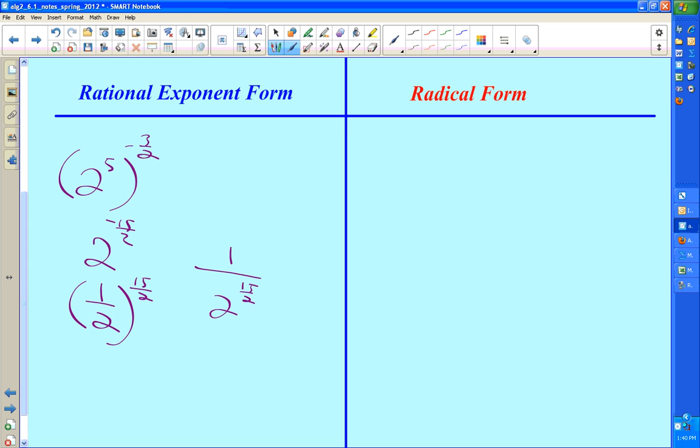So 1/2 to the 15 over 2 power would become the square root of 1/2, all raised to the 15 if you went radical. I'm just going to stop on this one for right now and leave it like that. That's using rational exponents.